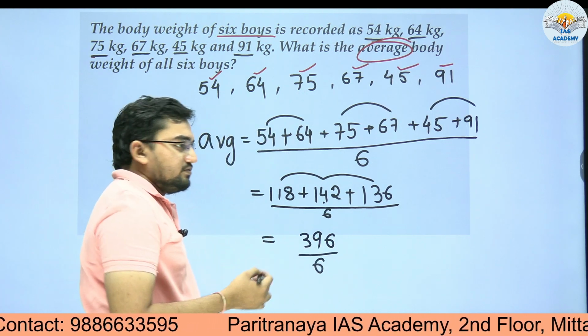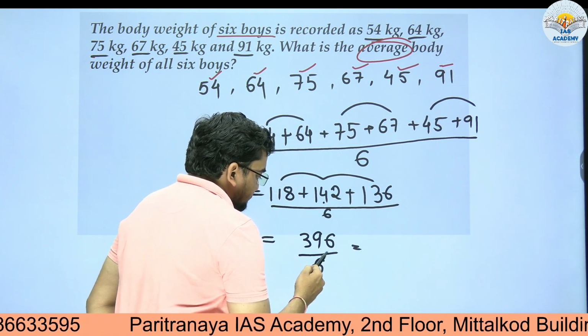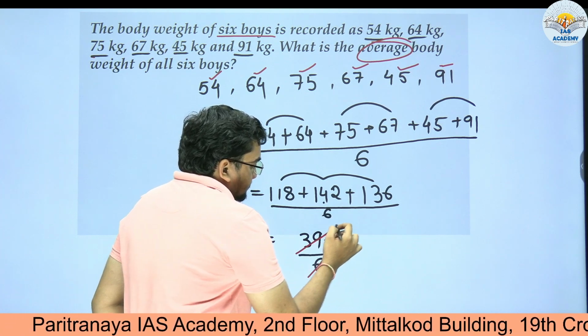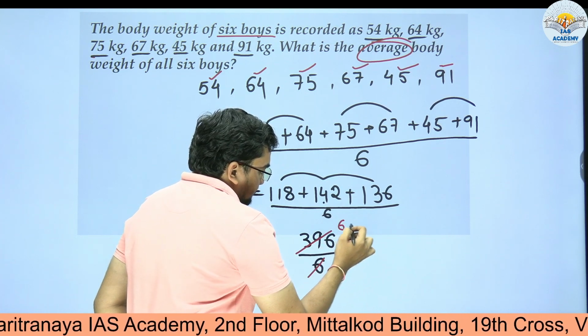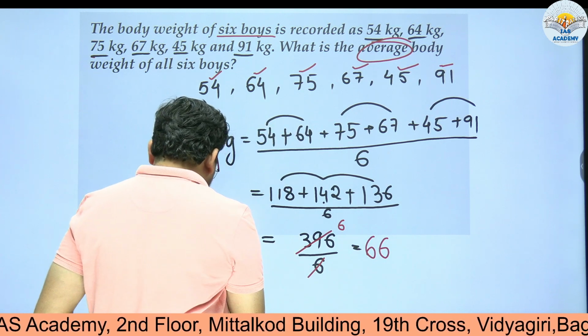You do your own way of calculating it. Further, when we cancel it, how much? 6 sixes and 6 sixes.